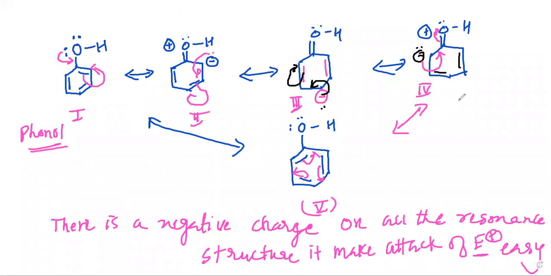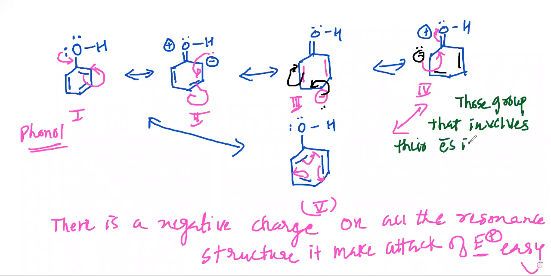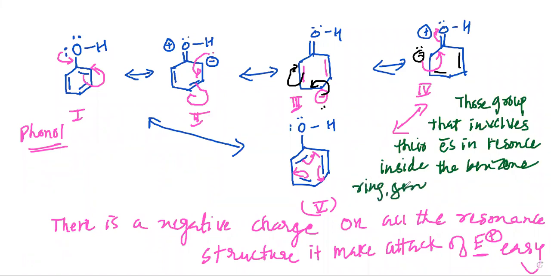So this makes the attack of an electrophile easy, and please remember, dear students, that those groups that involve their electrons in resonance inside the benzene ring generate negative charge on carbon.